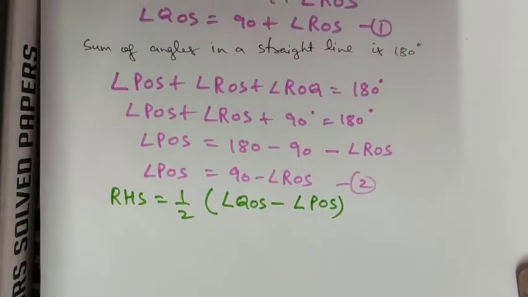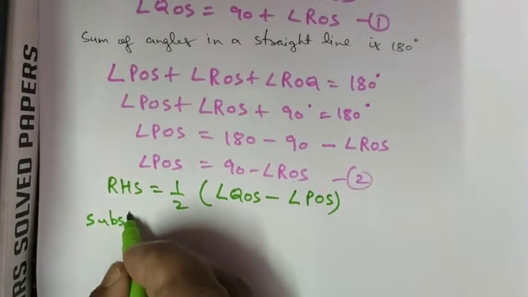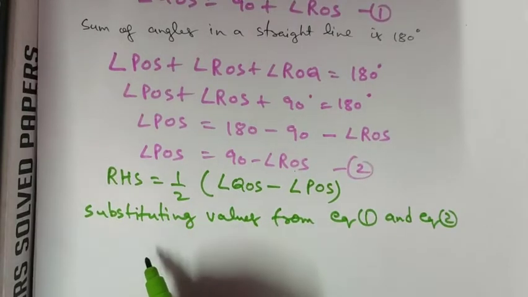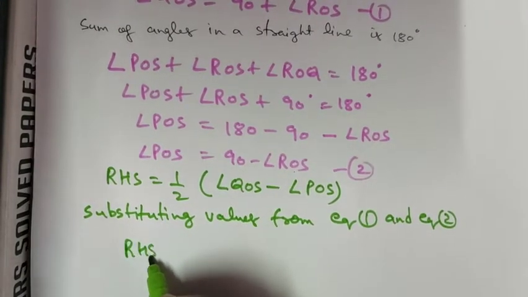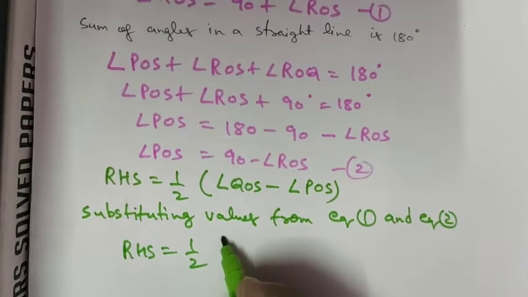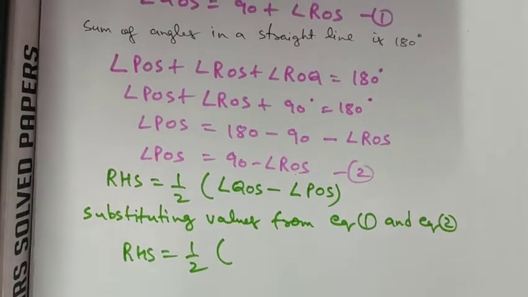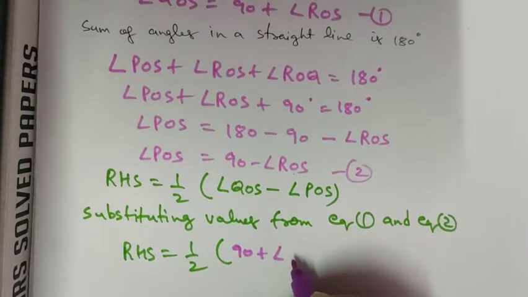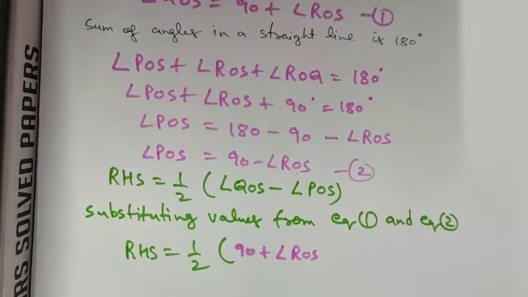Substituting the values from equations 1 and 2, we get, so RHS will become equal to half of angle QOS from equation 1. Angle QOS is equal to 90 plus angle ROS. Got it?